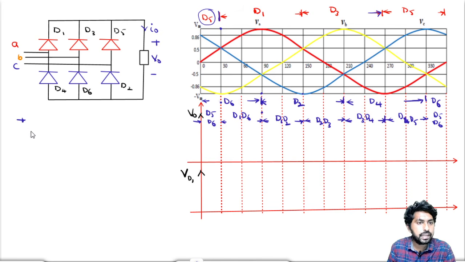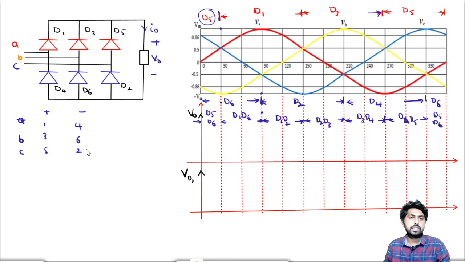We have A, B, C and the simplified connection diagram, that is plus and minus, with devices 1, 3, 5 on the positive side and 4, 6, 2 on the negative side. When D1 and D6 are conducting, A is positive and B is negative, so the output voltage will be VAB.